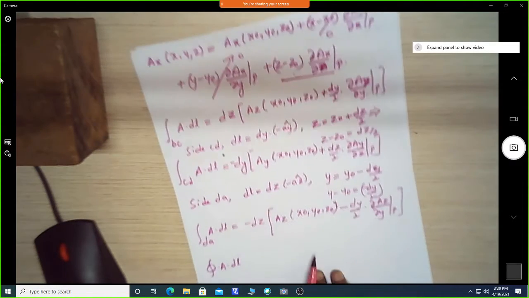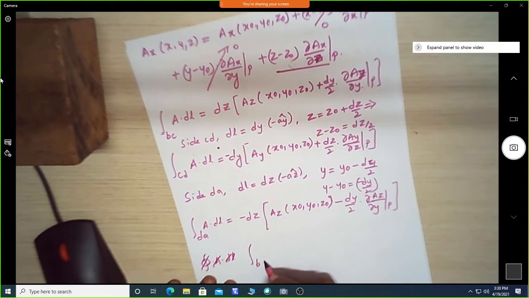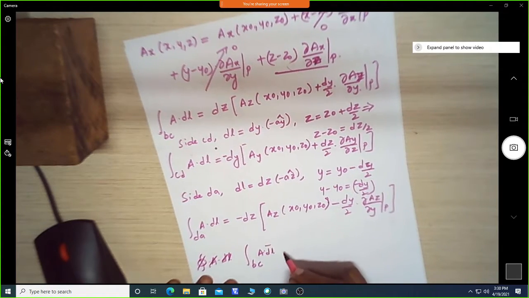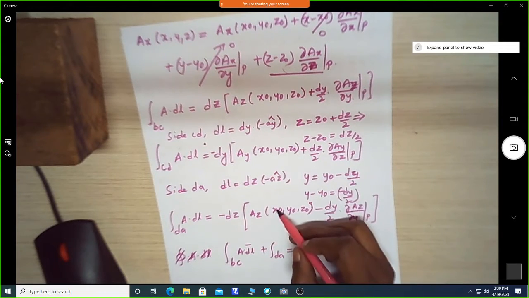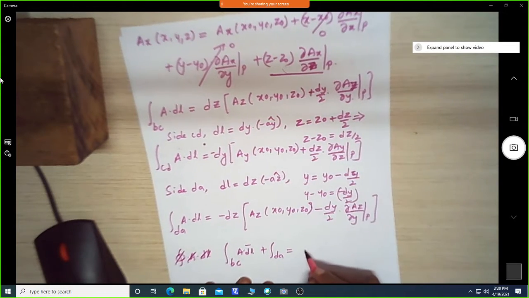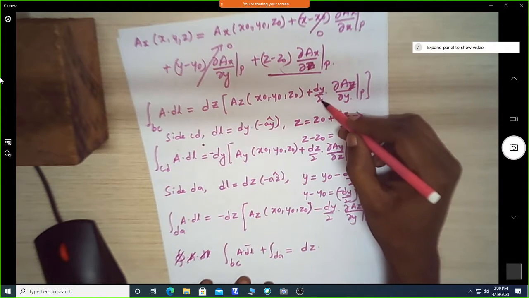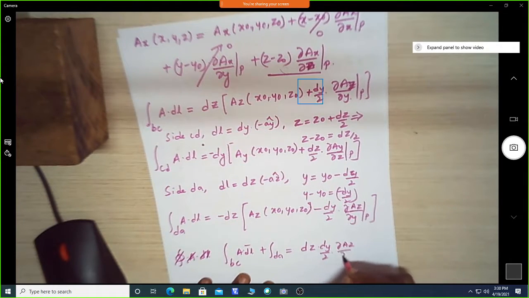If I take the first two, that is the integral of BC A dot dl plus the integral of DA, this term will cancel each other, and you will get dz dy by 2 into del Az by del y.